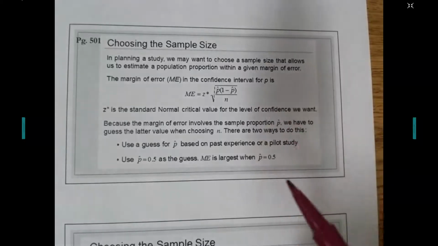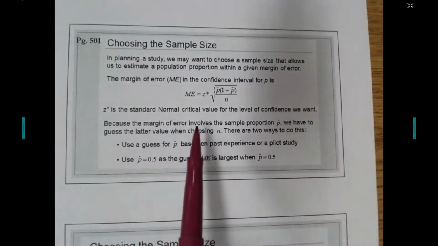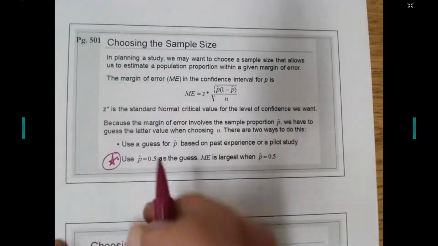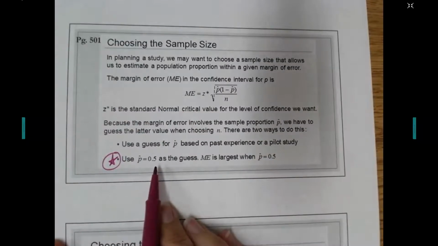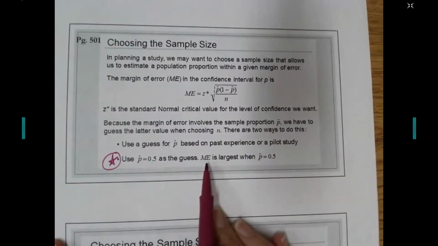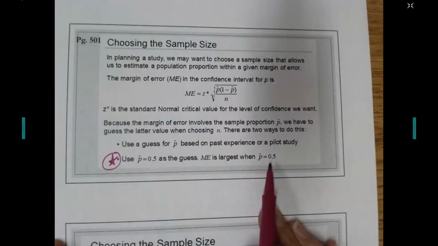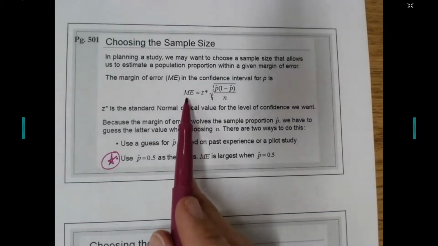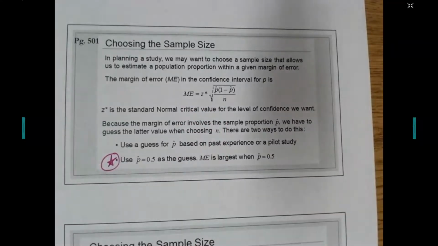What can I do? So because the margin of error involves the sample proportion p-hat, a lot of times we have to guess. So sometimes you can use a guess for p-hat based on a past experience or a pilot study. But most of the time, you can just plug in 0.5 as the guess. And the reason why this works for p-hat is the margin of error is the largest when p-hat is 0.5. What that means is I'm erring on the side of caution. No matter what p-hat happens to be, I will have a margin of error of that much or less with a sample size I calculate here, okay?